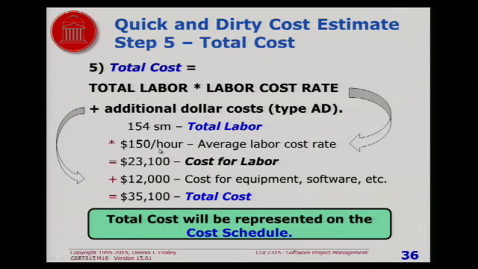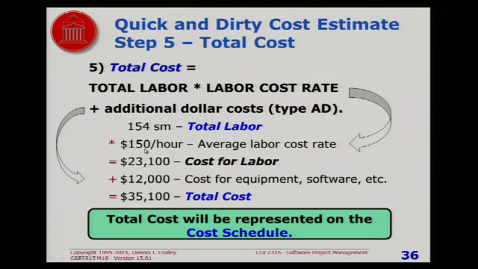Now, that may seem like a large number. You say, I never got paid that much. But keep in mind that includes overhead, vacations, and all kinds of other costs. Most companies will give you an hourly labor cost for software developers, and I'm just using $150 as an example here. And your usual reaction when you see that number is, boy, that's a lot bigger than what I get paid, but that's the way it is.